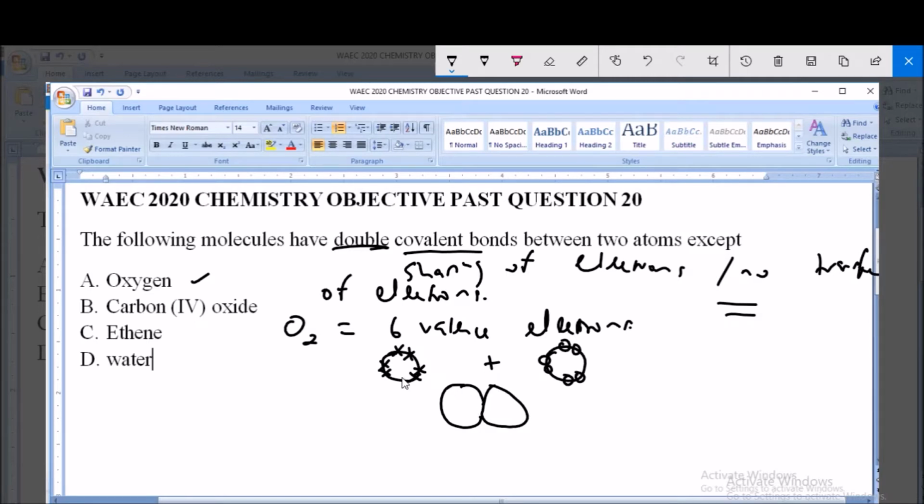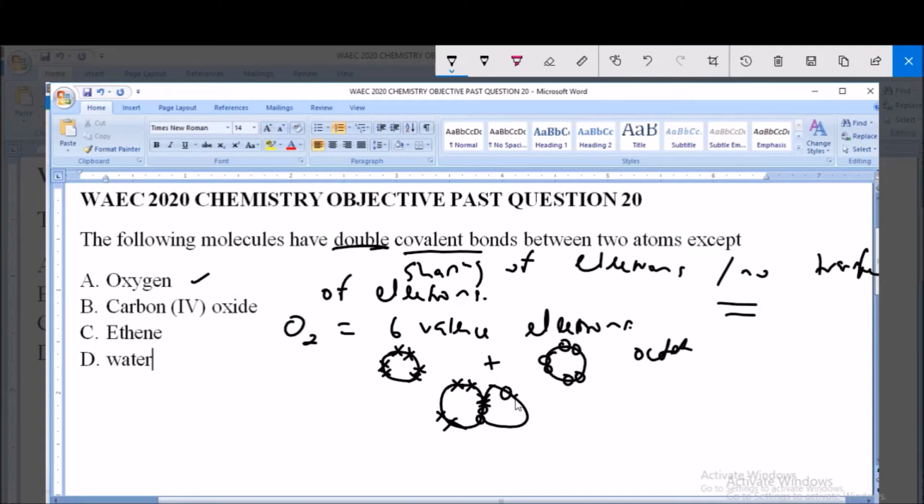Now, they each need 2 electrons to complete the stable octet state. So they share 2 electrons. So it looks something like this. The last 2 of this one are shared with this one, and this one also shares 2 with this.